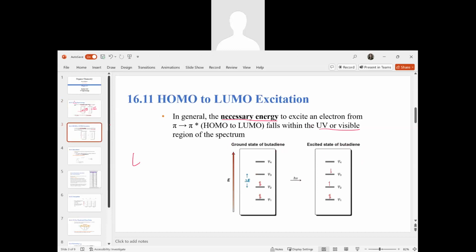Remember the relationship that E is hc over lambda. Energy and wavelength are inversely proportional. The higher the wavelength, the lower the energy, and vice versa. The higher the energy, the smaller the wavelength as well. So again, we can see that pi to pi star transition when we have that light energy absorbed here.